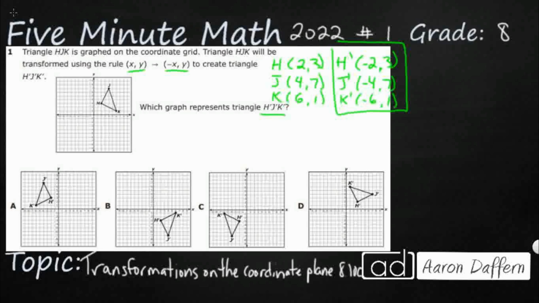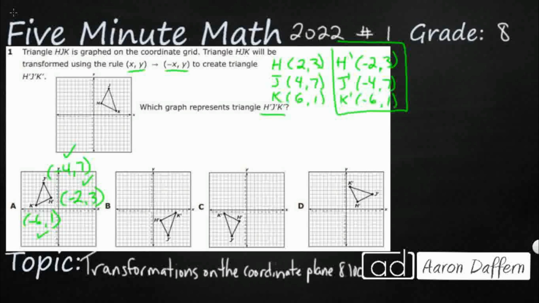So let's see this H prime right here. Looks like H prime is negative 2, 3, so that's good. My J prime looks like, yep, negative 4, 7. My K prime is, yeah, look at that, negative 6, 1. All right, so that's looking pretty good. It matches all three of the points that I've plotted.